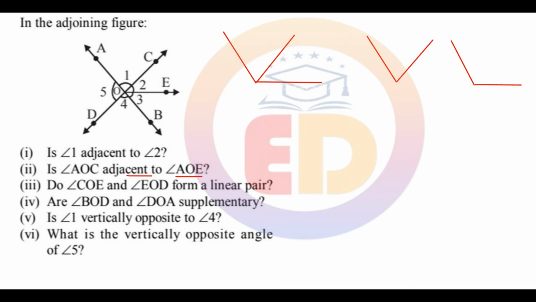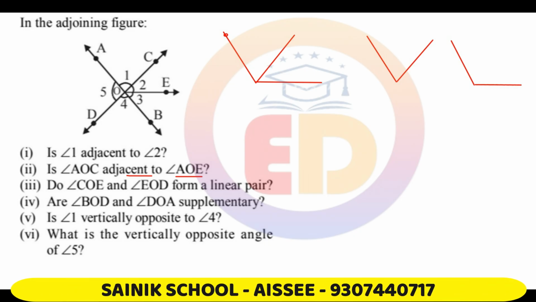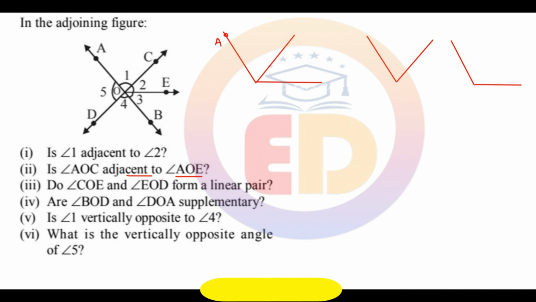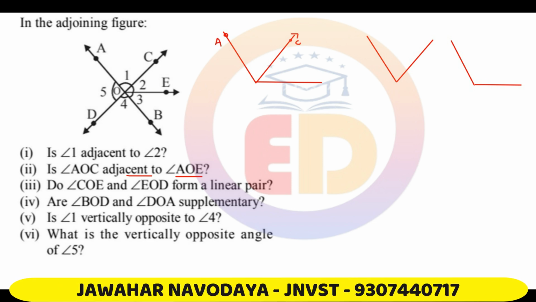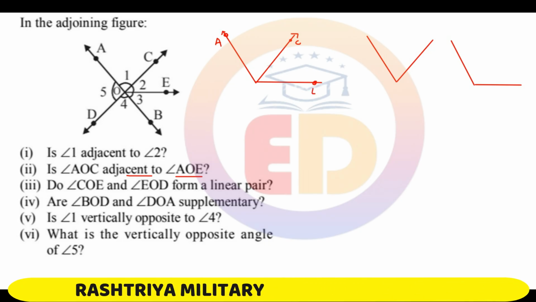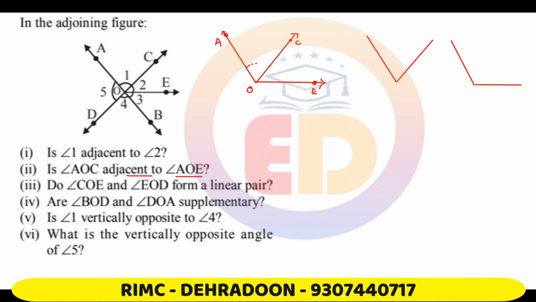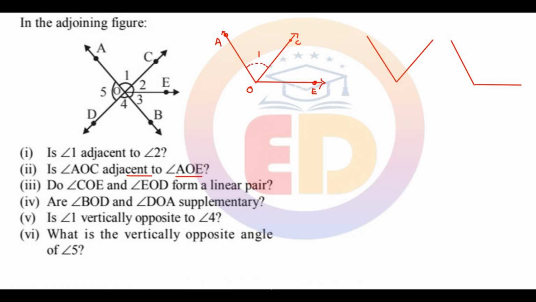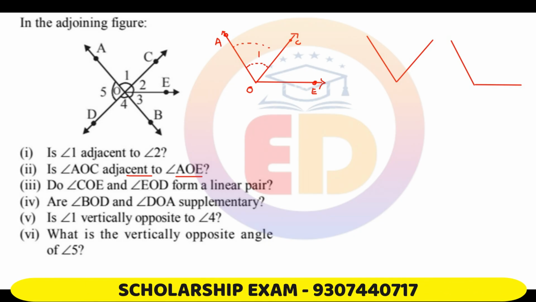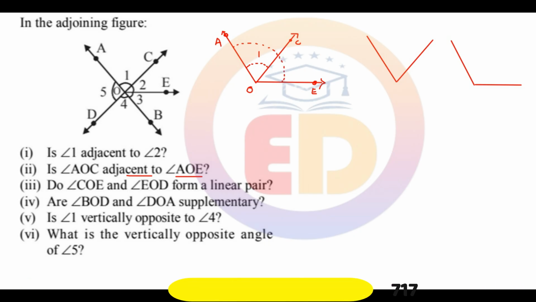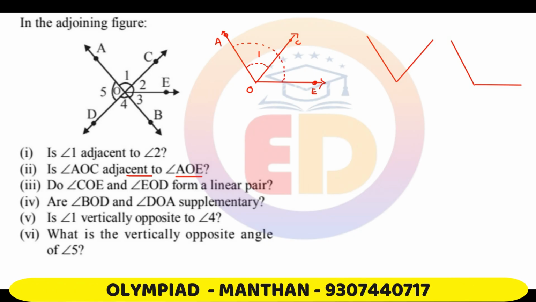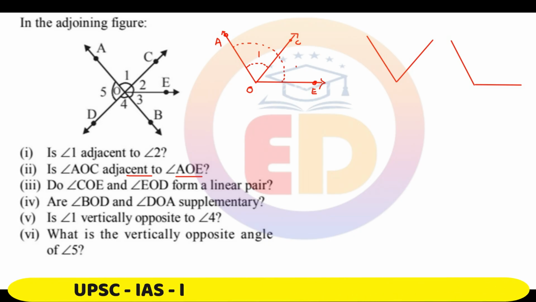So here you can see that this is the point A, this is the point C, and this is the point E. This is the angle AOC, which is named angle 1, and this complete is the angle AOE, which will be angle 1 plus angle 2 both. So let us name it angle 6.